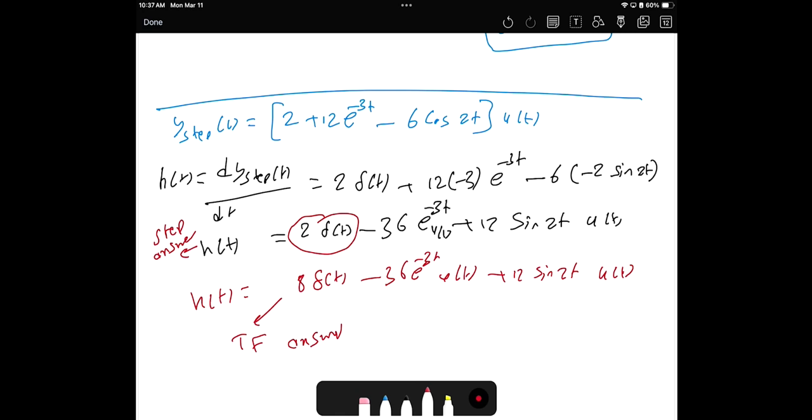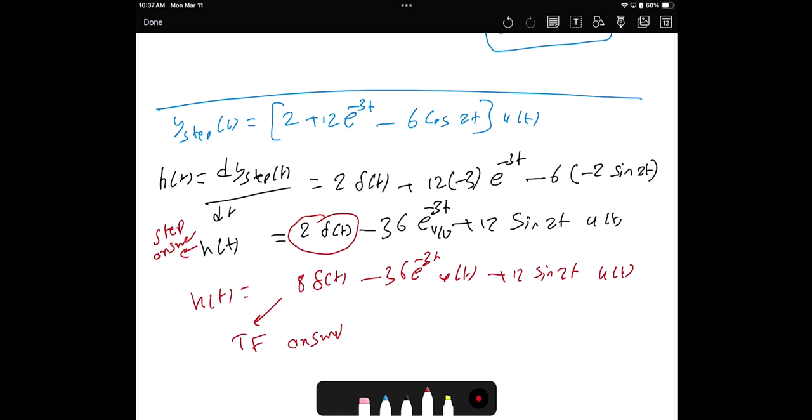Yes. Will you do the product rule for the exponential and the step function? Yes, the product rule. So can you say that again? Explain it.